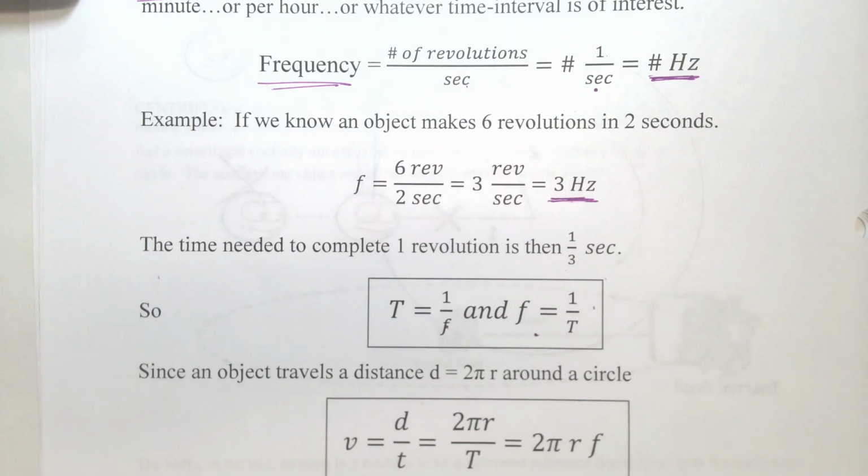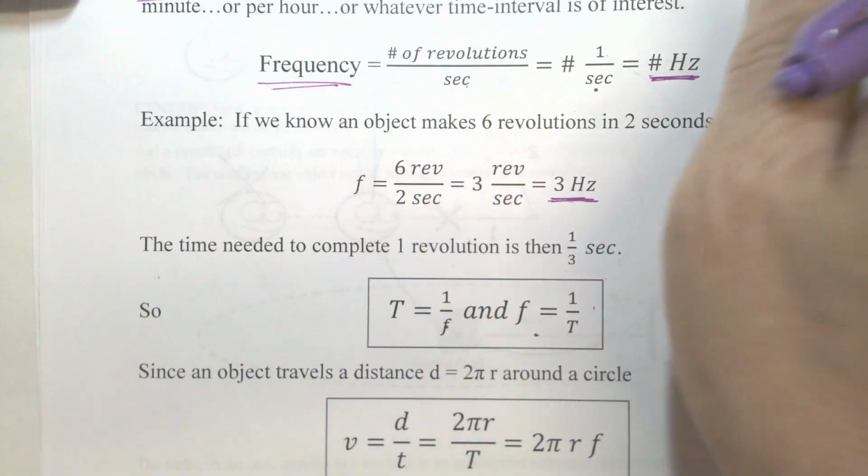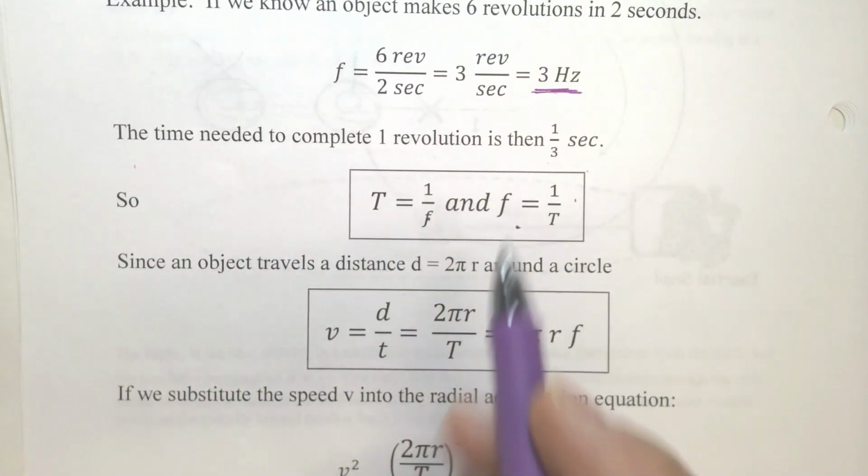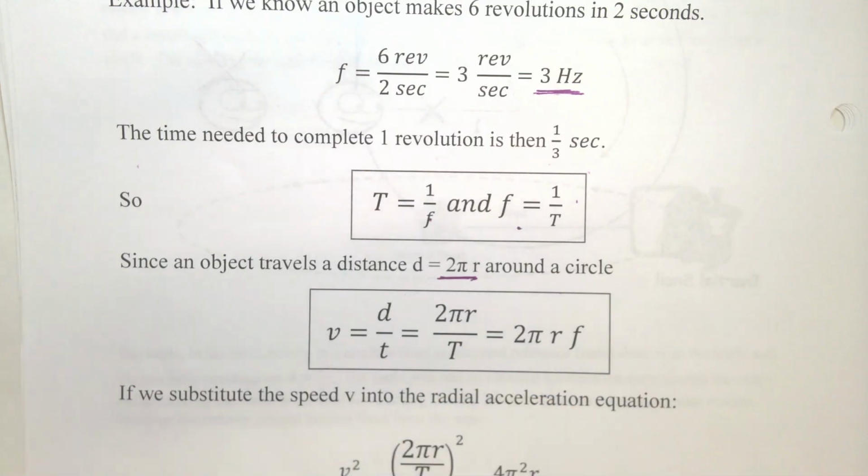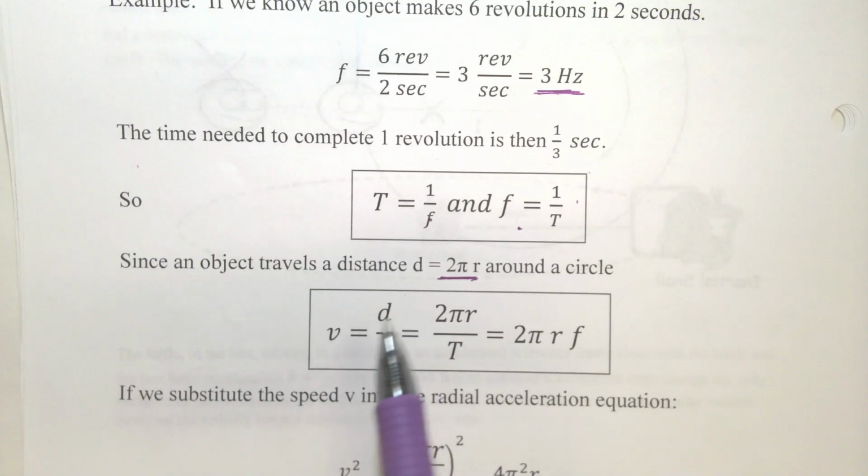All right? And since an object travels the distance of 2 pi r, which is the circumference, when it's going around in a circle, we can calculate the speed of an object going in a circle by doing distance divided by time.